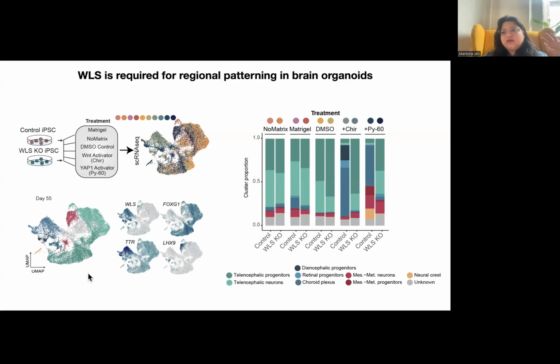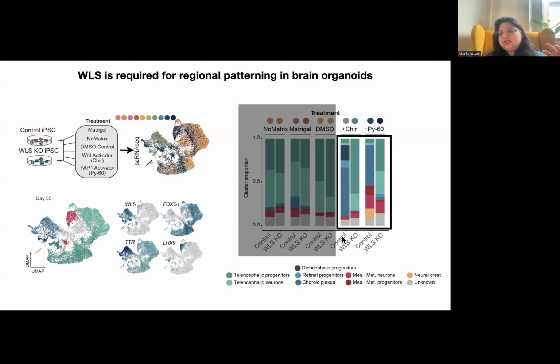etc. So all we need to pay attention to is these 2 conditions where we have either activated Wnt by giving CHIR, or we have activated YAP by giving PY60. And as you can see in the control organoids, upon Wnt activation, a lot of diencephalic, retinal or choroid plexus regions are coming up, and this does not happen in the knockout. So Wntless is indeed required for these diencephalic regions to come up.